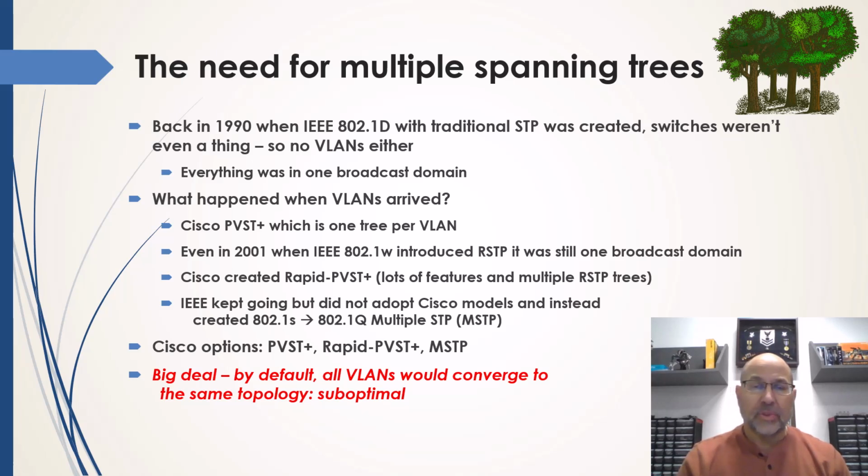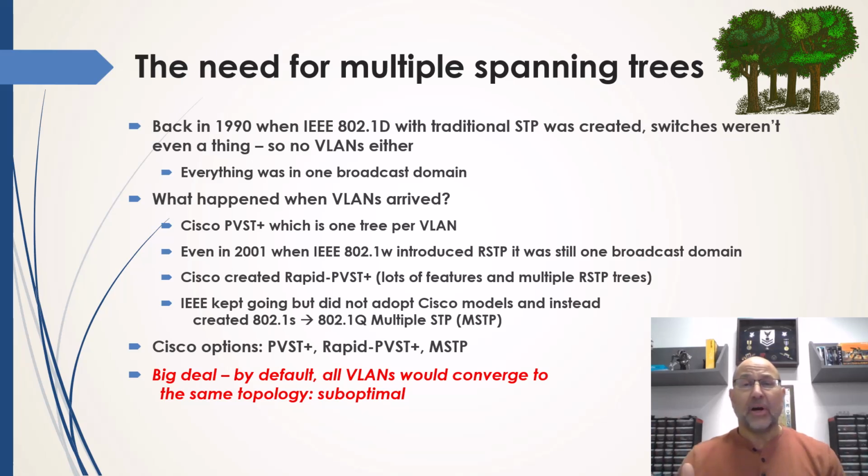All right. So when you're configuring a Cisco device and you're on the different modes, your different options, this is one of the parts to understanding Cisco command line options: you can do PVST plus, rapid PVST plus, or the standard MSTP. So this is kind of a big deal.